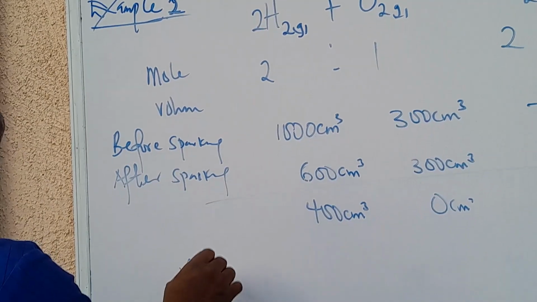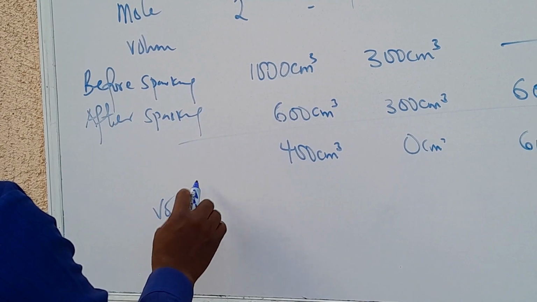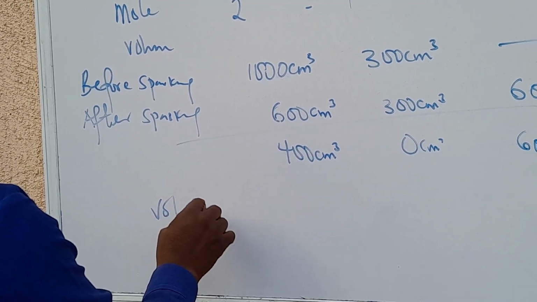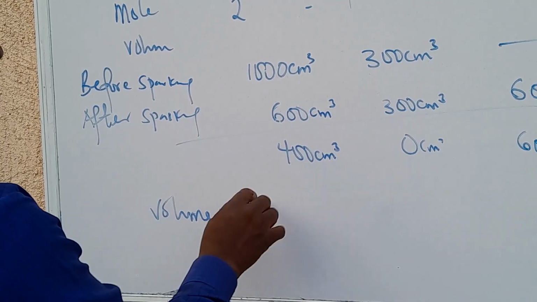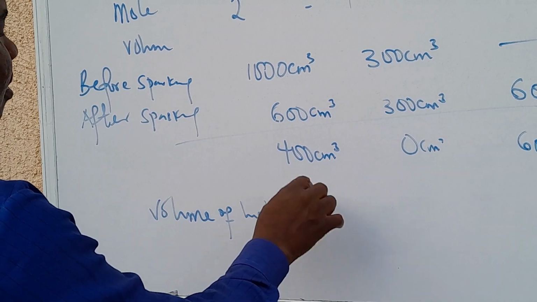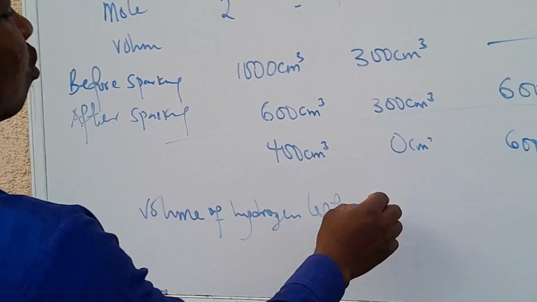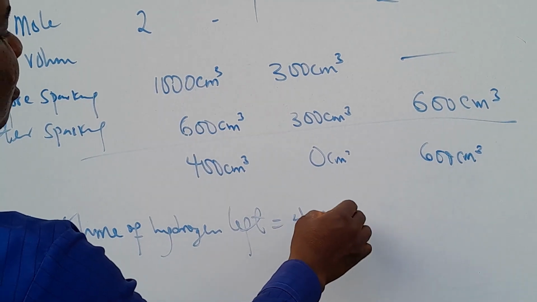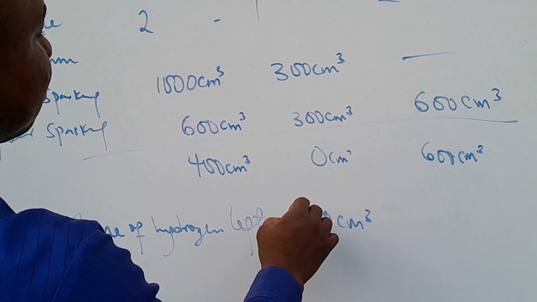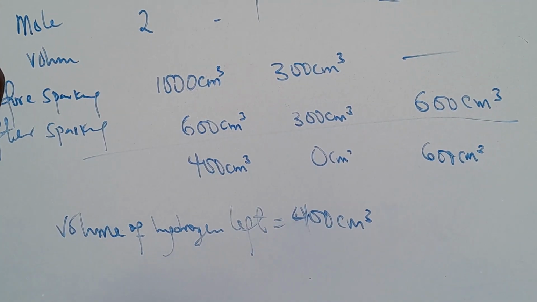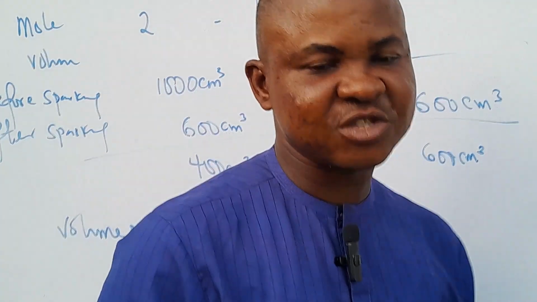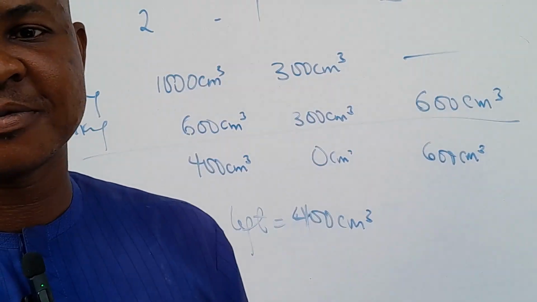Volume of hydrogen left equals 400. Okay, we only use up 600 out of the 1000 volume of the hydrogen given.